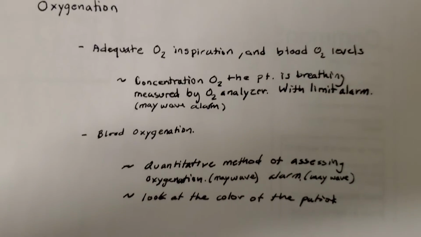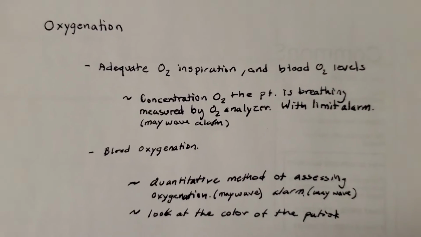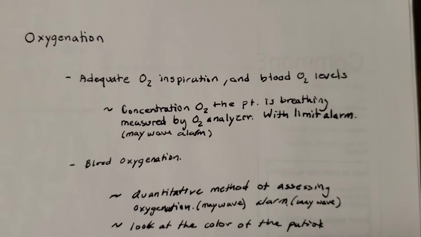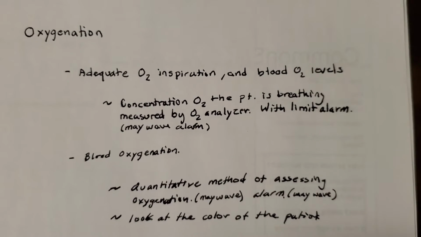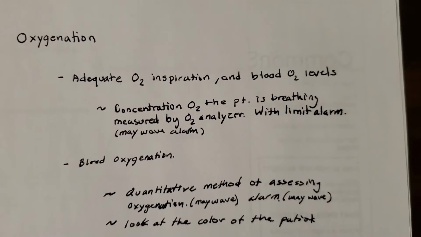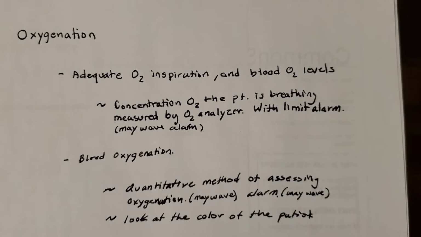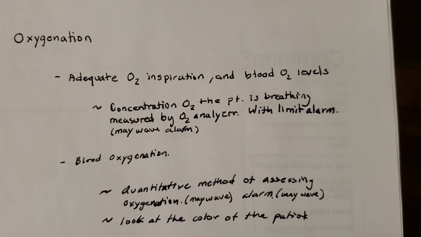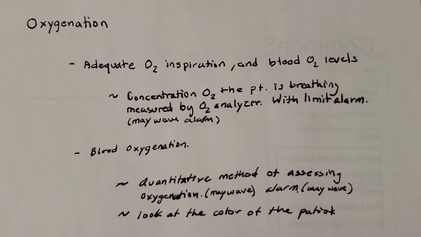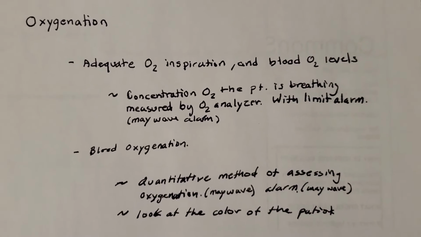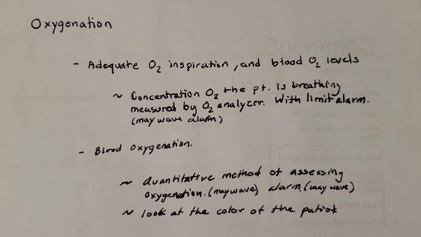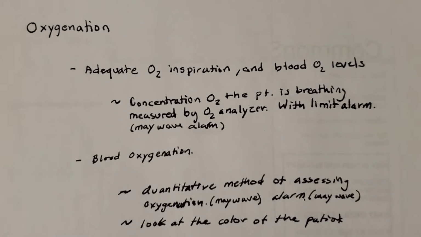With oxygenation, they want you to adequately assess the amount of O2 going into the body, and then the amount of O2 that's in the body, or specifically in the blood. You can measure that with an oxygen analyzer. For those of you in residency, there are always questions on what an O2 analyzer is and how it works, the Clark something.